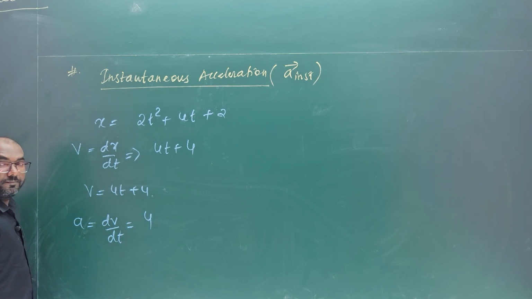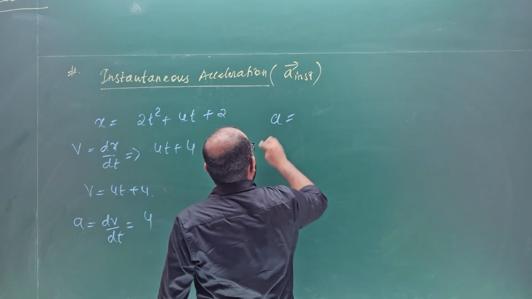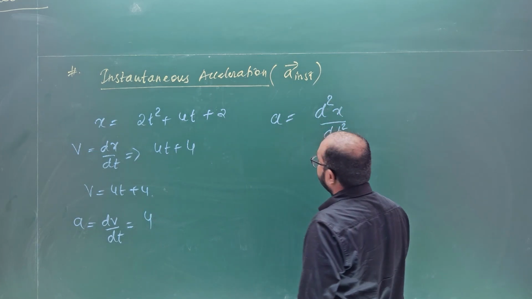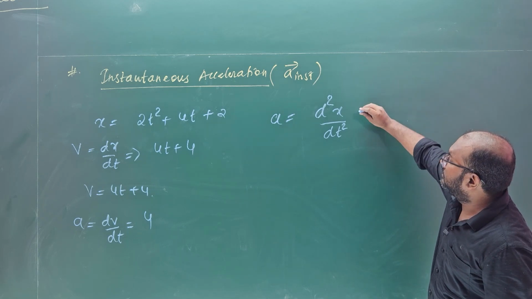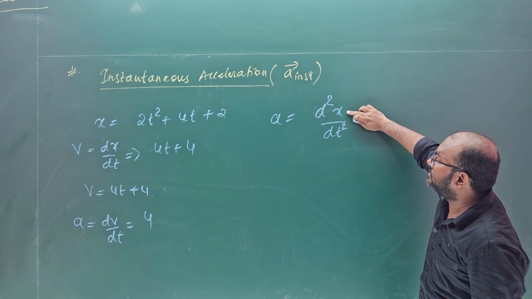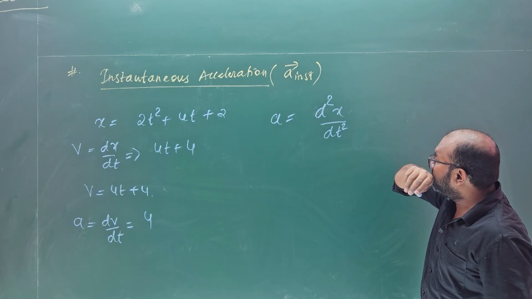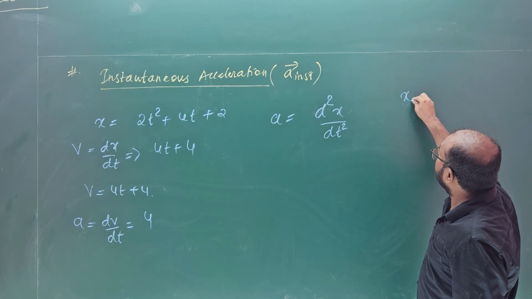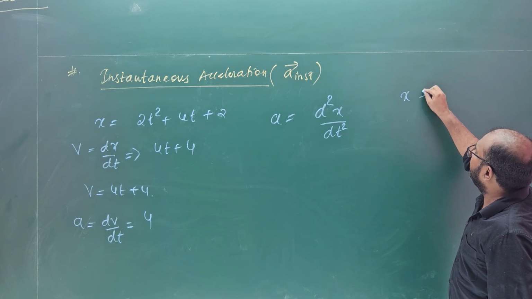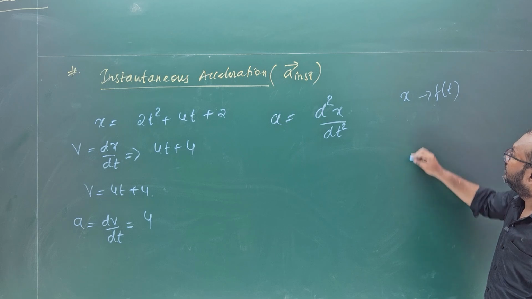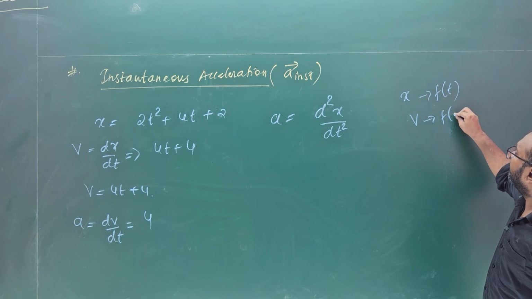For how many times am I differentiating? 2 times. So acceleration is equal to d2x upon dt square. This means you have to differentiate x two times, then you will get acceleration. So can I say that displacement is a function of time t? Similarly, velocity can also be a function of time t.